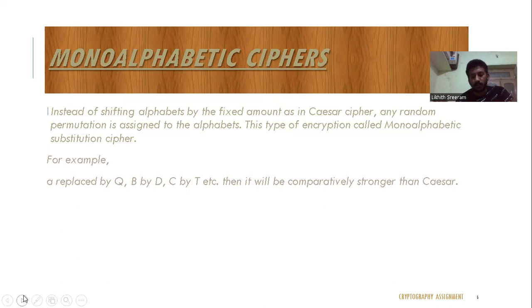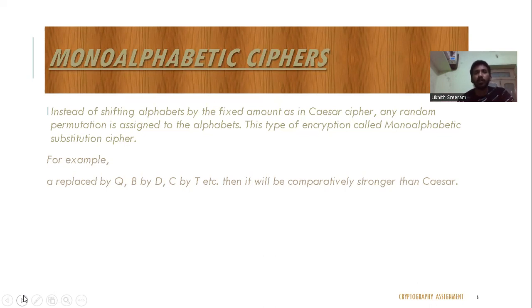It is better than the Caesar cipher because the number of attempts that should be applied to decrypt is 26 factorial. So a hacker should try 26 factorial possibilities to crack the ciphertext into plain text. In the previous Caesar cipher, there are only 26 attempts.